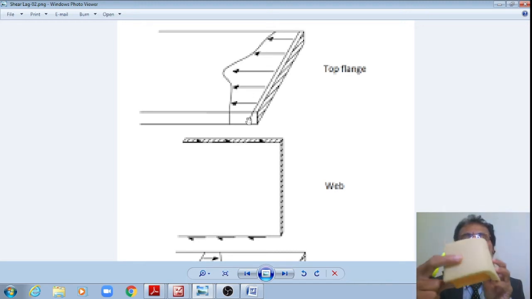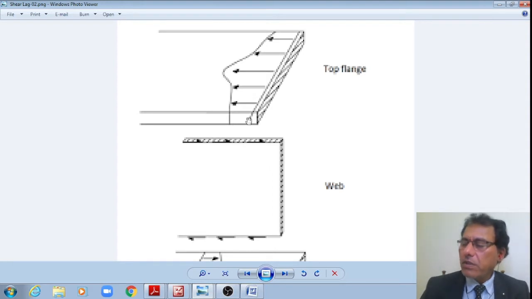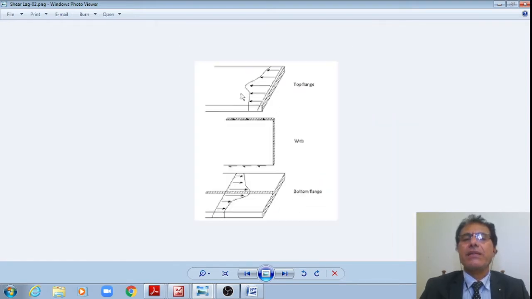So across the flange there is a non-uniform distribution. Therefore, this is due to the shear lag. Here the shear is lagging because of this unsupported nature, or because of this unstiffened part. It will take less shear stress, whereas this intersection is almost presumed to be a stiffened part, therefore it will take more shear. This effect is what is called the shear lag effect.